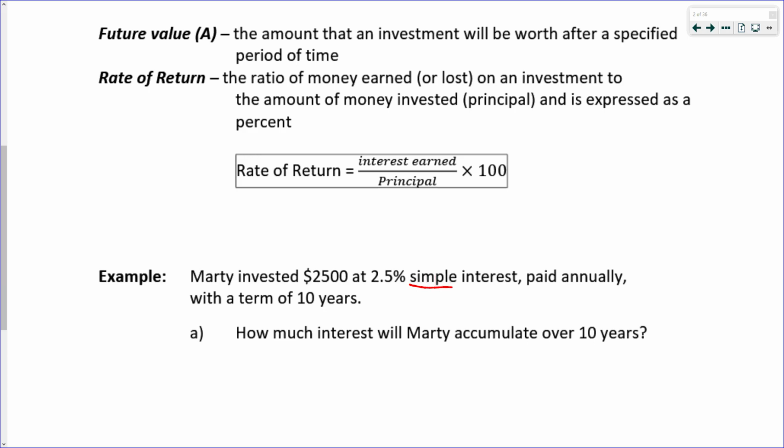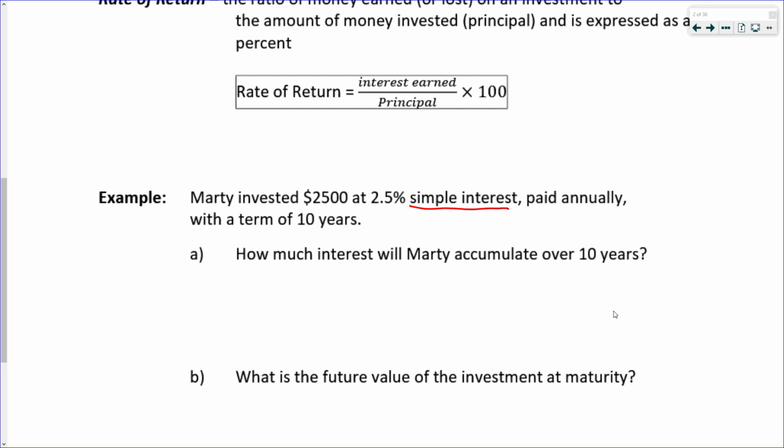It will specifically say in the problem, simple interest. So when you see simple interest, you're going to use this formula. Moving forward, we're going to look at compound interest, and it will specifically say compounded X amount of times in a year. So those are the keywords you're looking for: either simple, so it's simple interest, or compounded, and then it's compound interest.